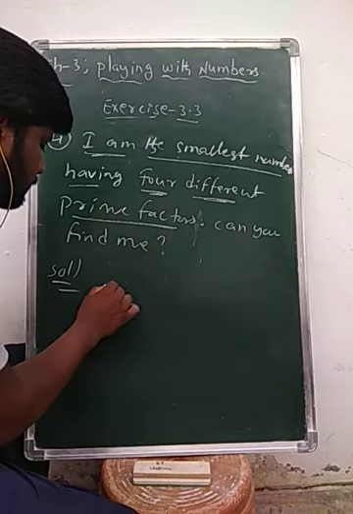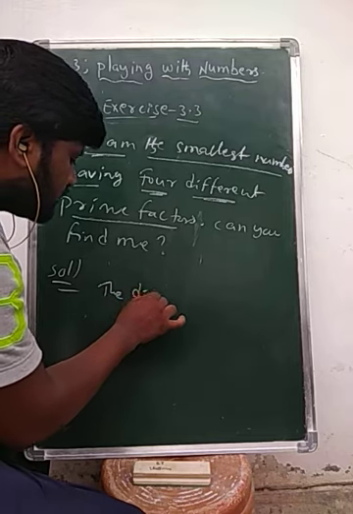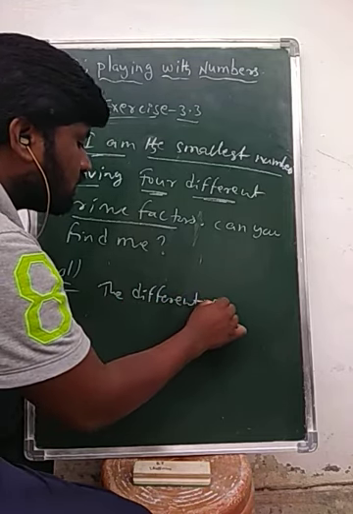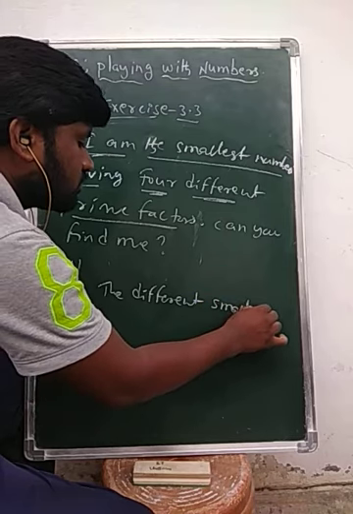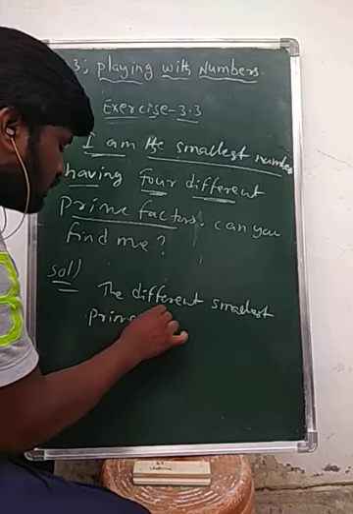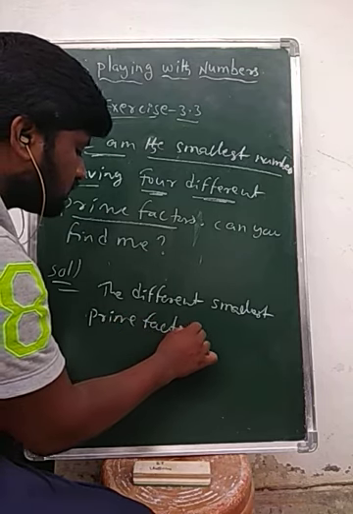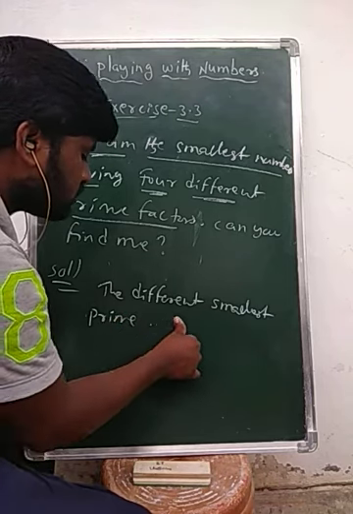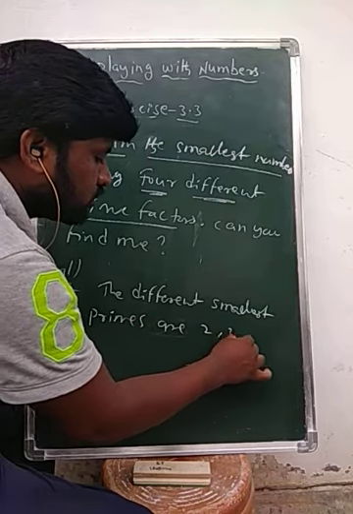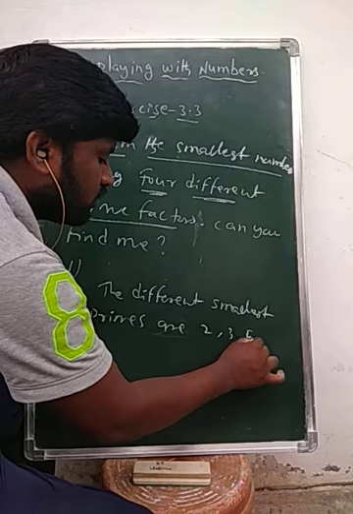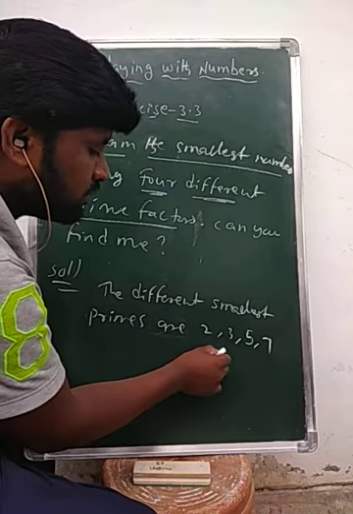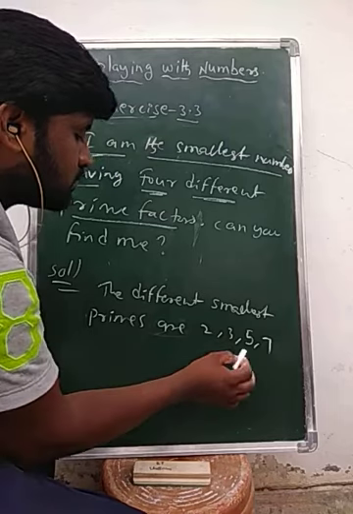That's why we take the smallest primes, that is 2, 3, 5, 7. So these are the 4 different primes. Okay? Smallest primes.